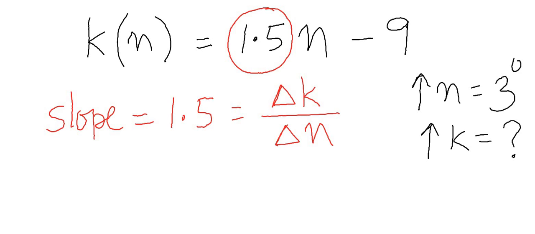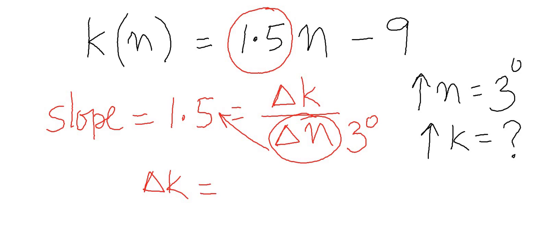So once you find the simple equation, then a change in n is given to you as 3 degrees, right? So therefore change in k would be 3 multiplied by 1.5, which is equal to 4.5.